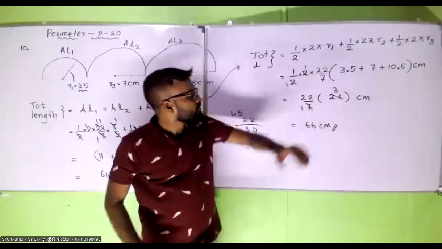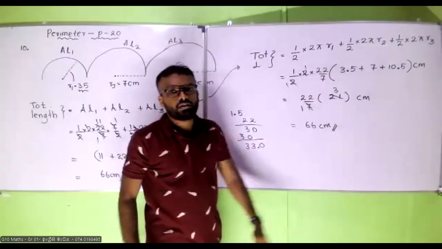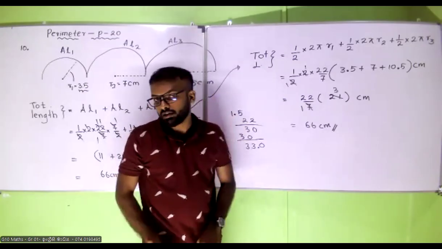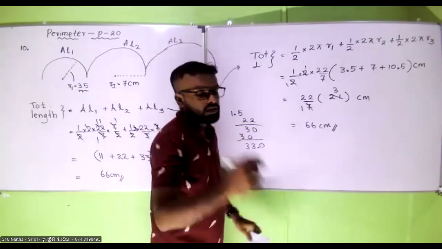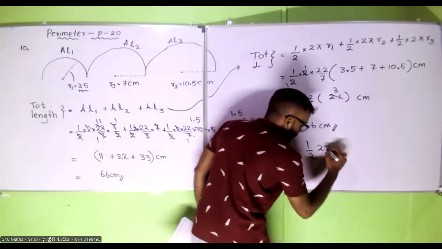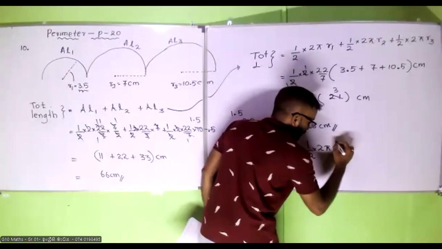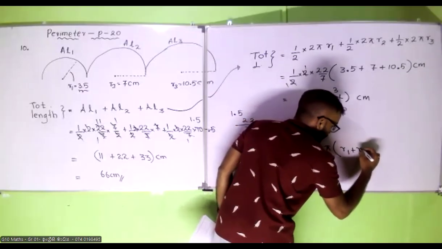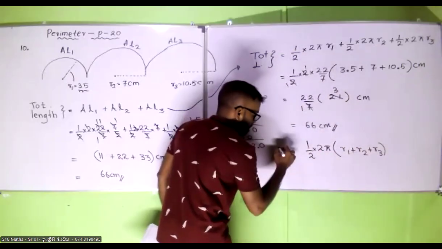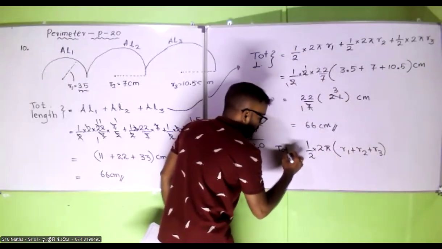So I can use this. At once you can write half 2 pi, R1 plus R2 plus R3. Total length.